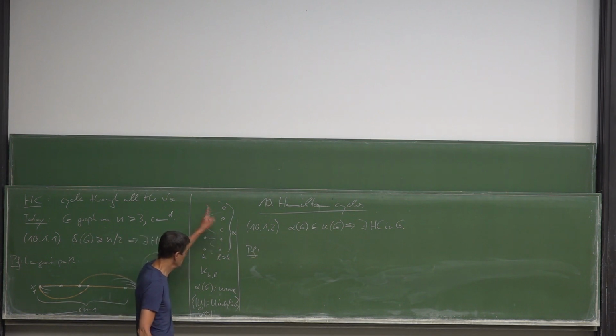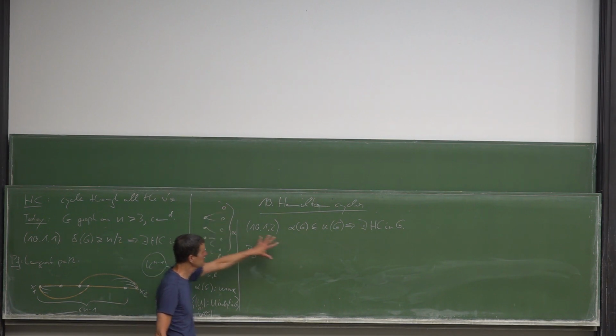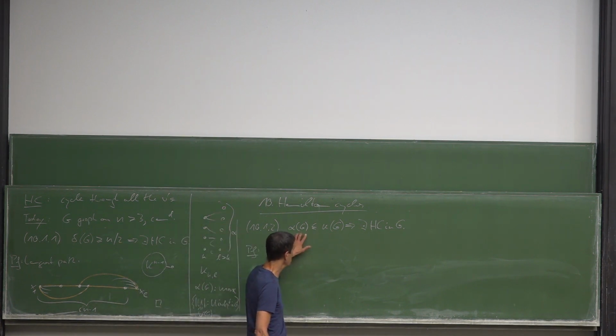But if we assume k-connected, then this counterexample works if alpha is bigger than k, and the theorem is that if alpha is at most the connectivity, then the counterexample no longer works, and there is no other counterexample.